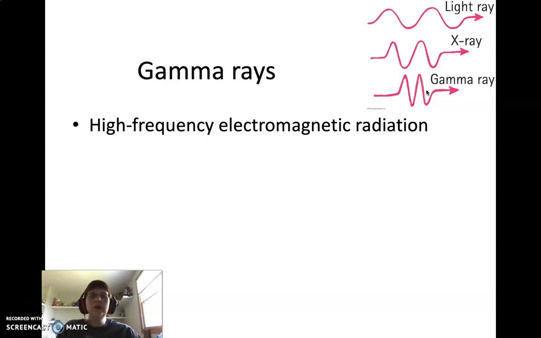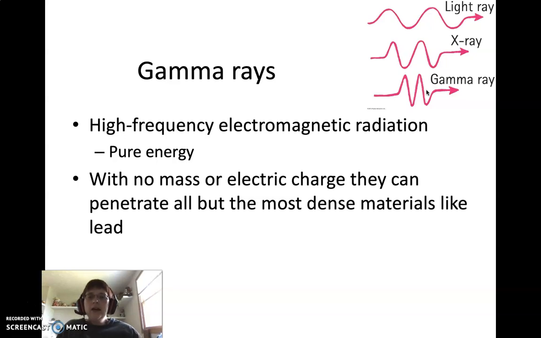So if you remember the electromagnetic spectrum, we saw it going this direction. Light rays were right in the middle. These guys are to the right hand side. So they are very high frequency, pure energy, so not a particle.